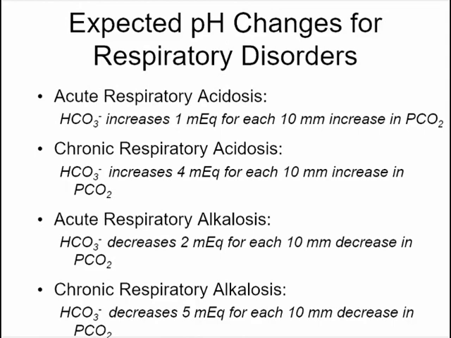So these are the ratio of changes in terms of your concentration of your bicarbonate in your carbon dioxide in relation to the four respiratory disorders, acute and chronic acidosis and acute and chronic alkalosis.